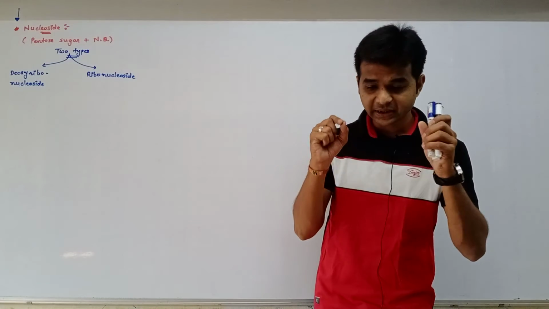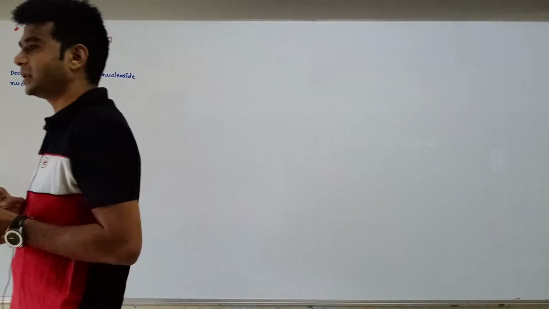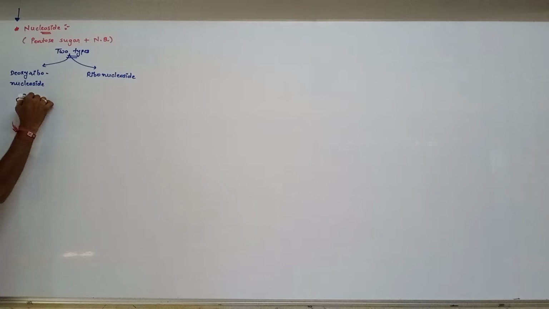Okay, so deoxyribose sugar is designated by a sign in this way. See, this is the deoxyribose sugar sign. You know that oxygen is there, and here on the first carbon the nitrogen base is attached.